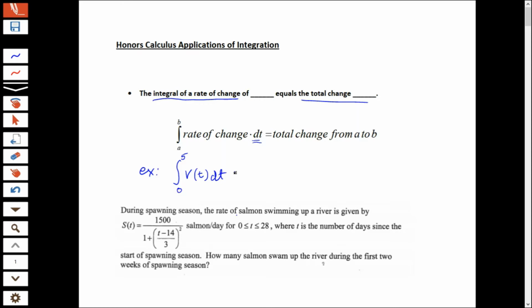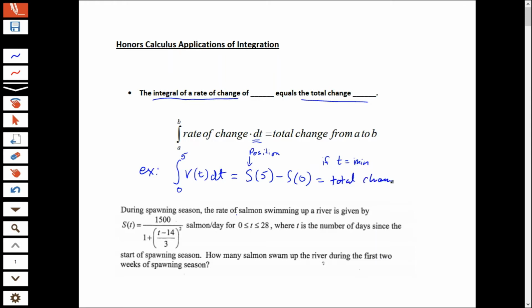Now normally v of t is our velocity function, and so if, for example, t is in minutes, then this we know is going to be equal to s of 5 minus s of 0, which, being a position function, s being position, we can see this is equal to the total change in position from t equals 0 to t equals 5.